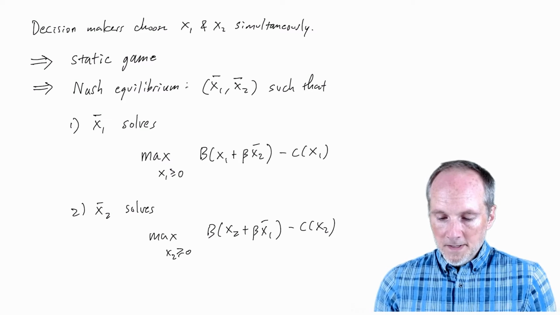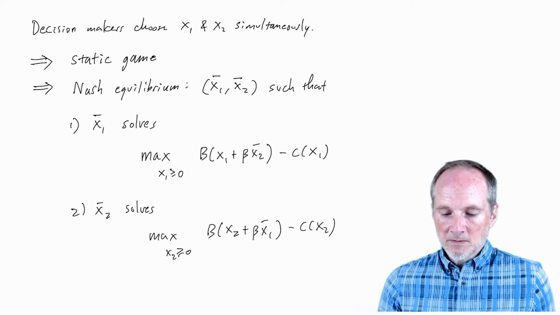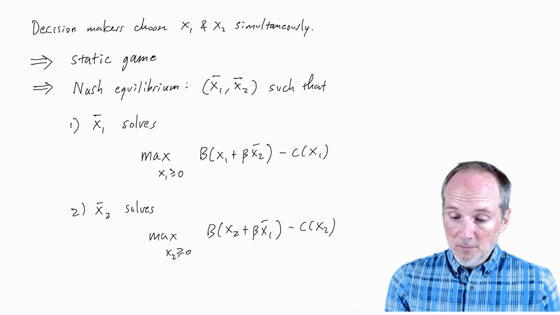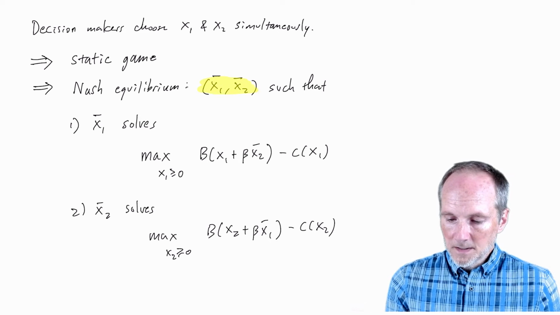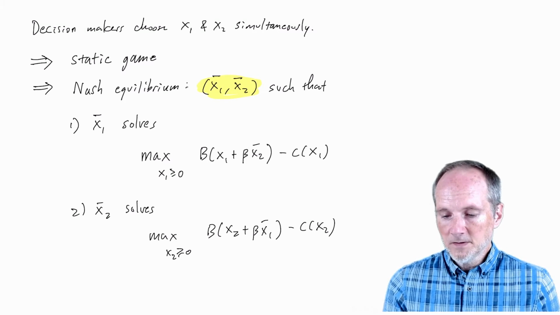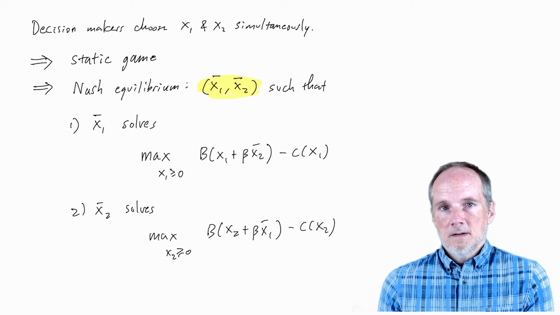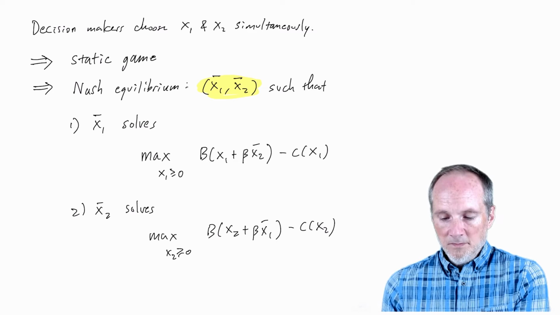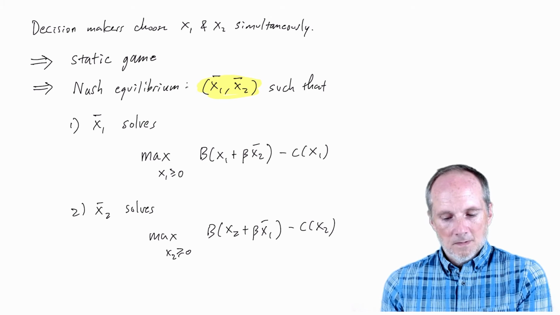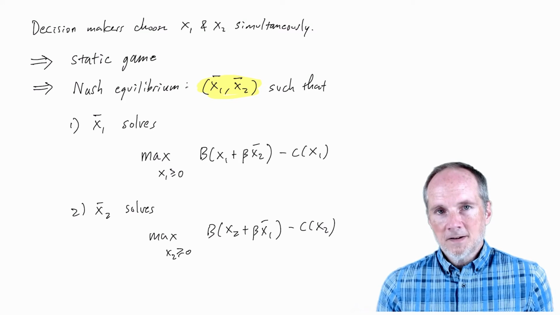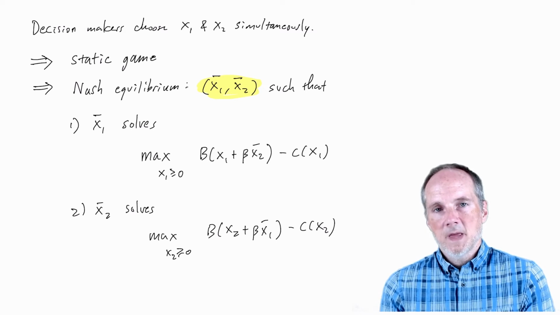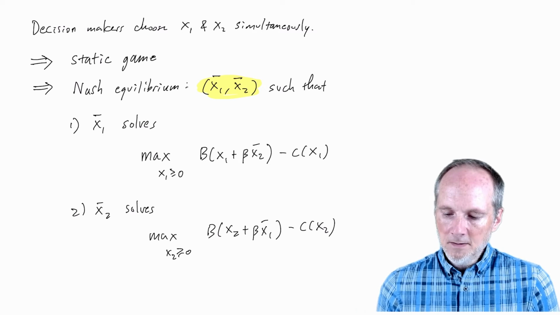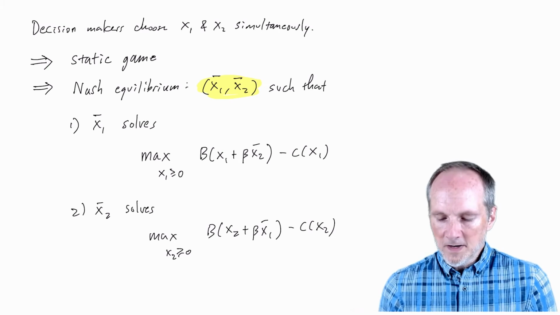So the idea of a Nash equilibrium is that we're looking at an outcome, which in this case is a pair of activity levels, such that each decision maker is solving an optimization problem, which is a little unusual at first. You know, in calculus, you learn about solving a maximization problem, but here we have two. And it can be a little hard to wrap your head around at first.